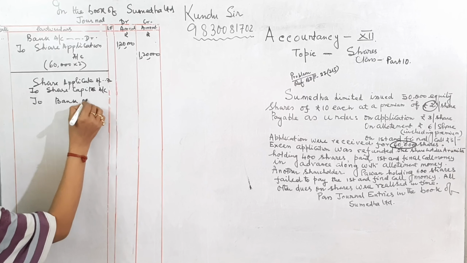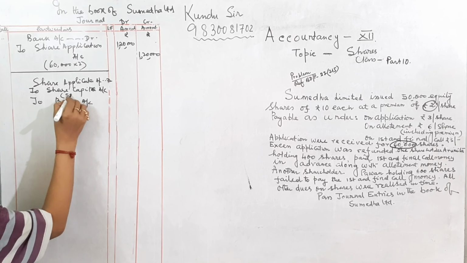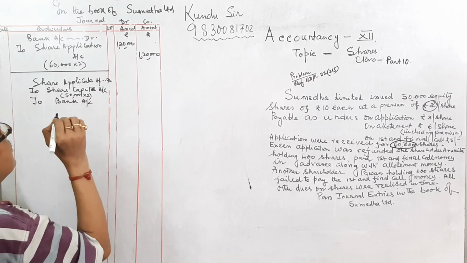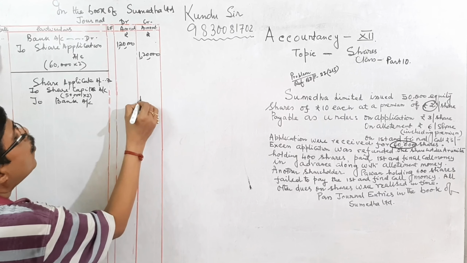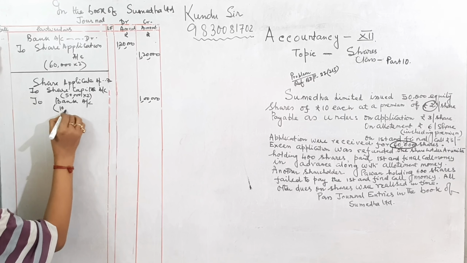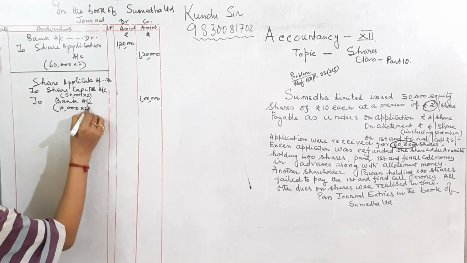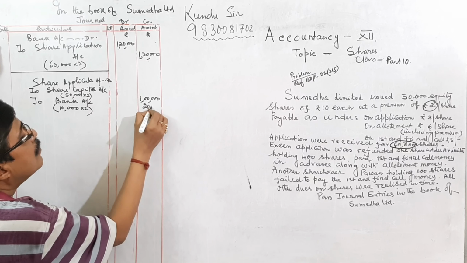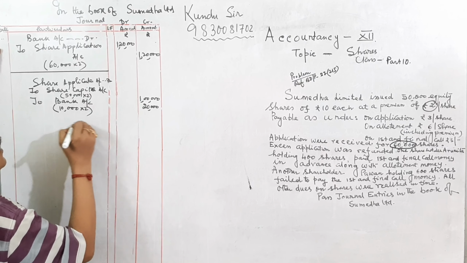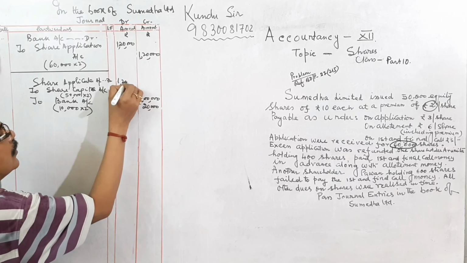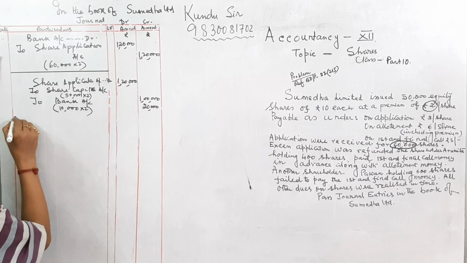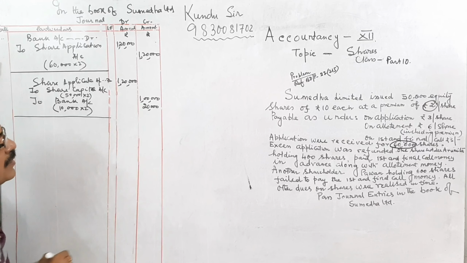We are transferring to share capital 50,000 at the rate of rupees 2, that is 1 lakh, and the refund portion, 10,000 into 2, 20,000, we are refunding to the applicants. The entire amount which was already credited is now debited. So this is the second entry.